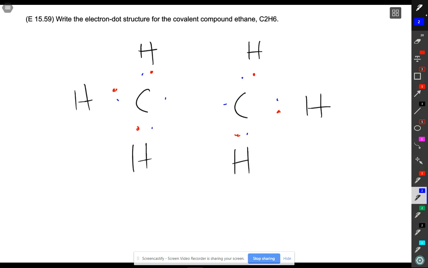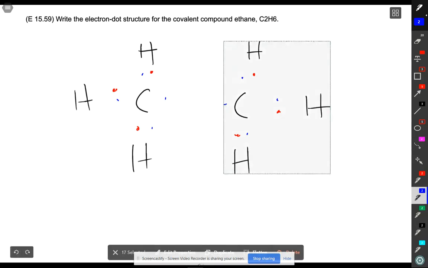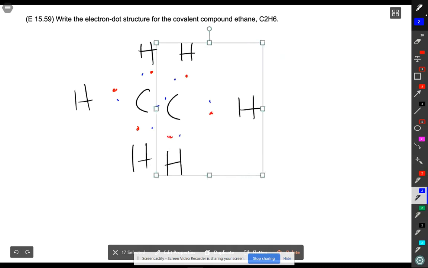The only thing that's incomplete is that I don't have my bond with carbon right. How many electrons do I show around each carbon? 7. But that's because the carbon is bonded to the carbon. So I'm just going to take this and scooch it on over.